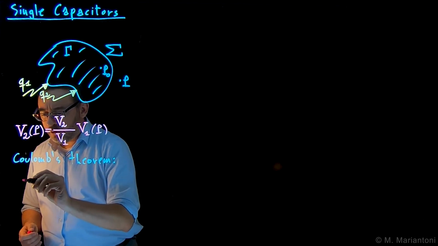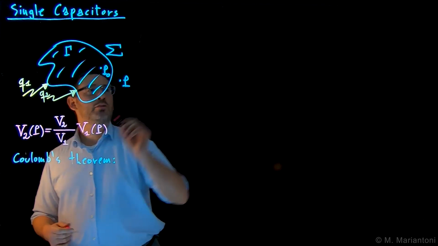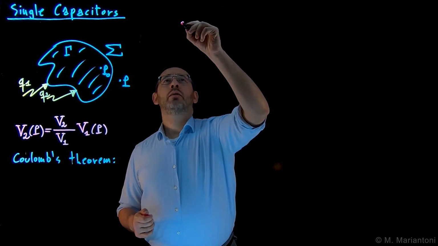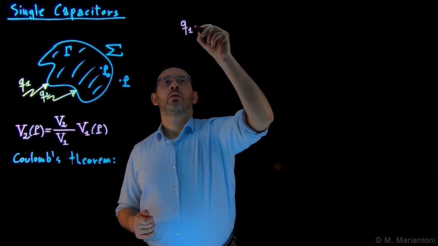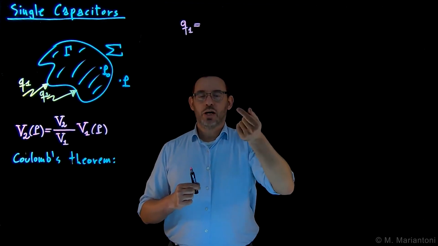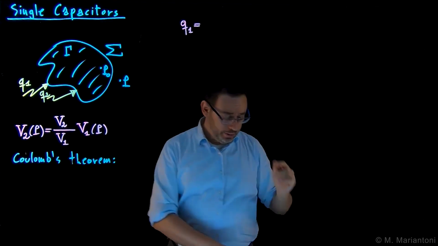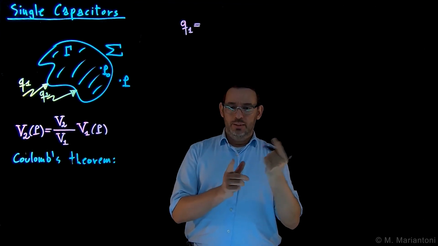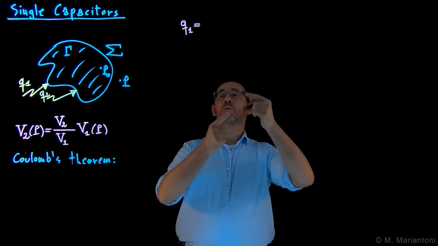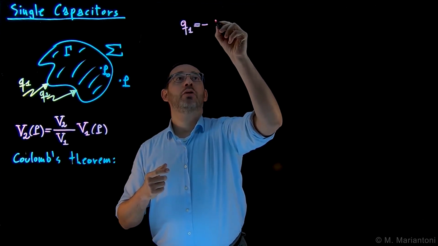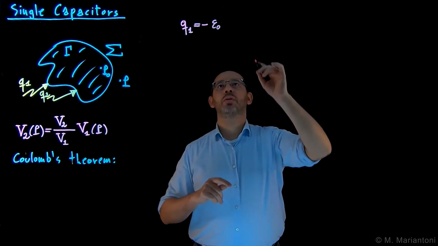So if we do that, let's do this up here. So Q1, we know that the total charge divided by epsilon naught, because it comes from Gauss's theorem, Coulomb's theorem obviously, Q1 divided by epsilon naught is equal to minus the integral, so we need to do minus epsilon naught. I'm just reshaping Coulomb's theorem a little bit.